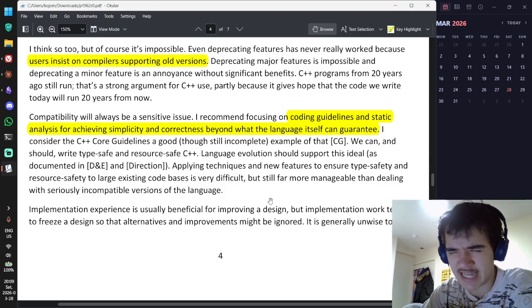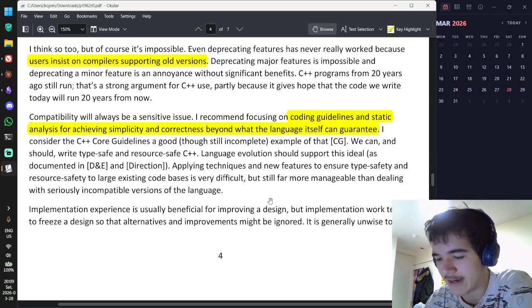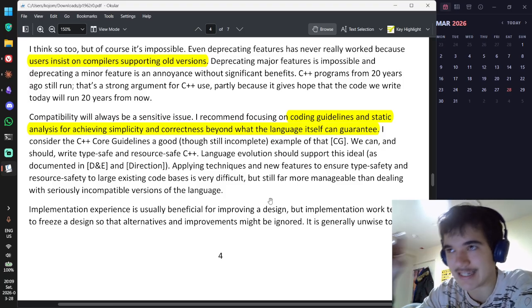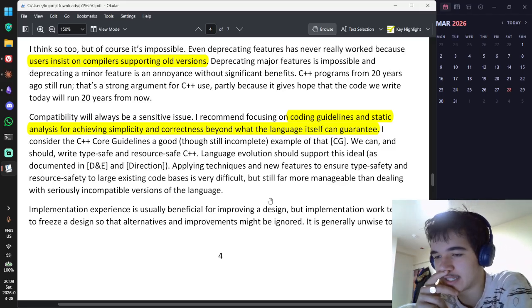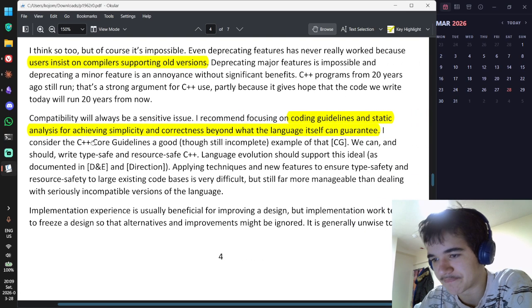And verbosity is a different argument. But in terms of actually writing good programs and good software, again, language syntax aside, C++ is very much capable. But we do need these guidelines that we follow.